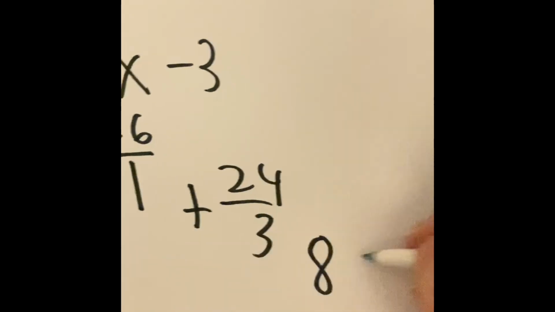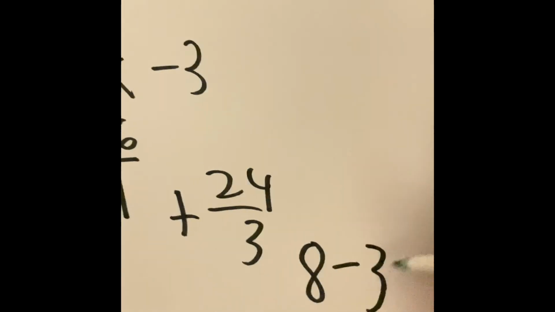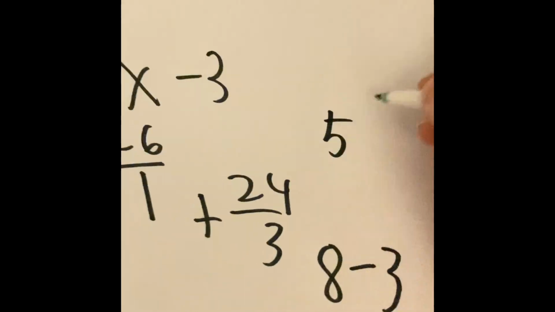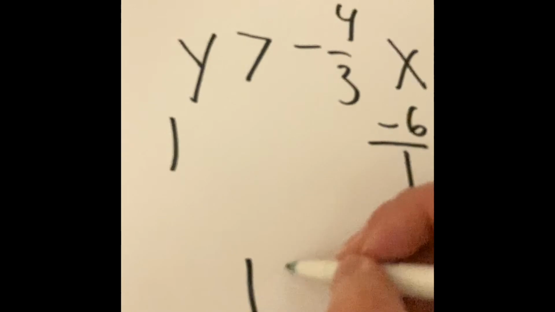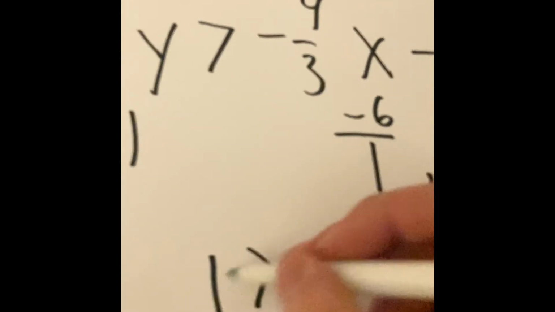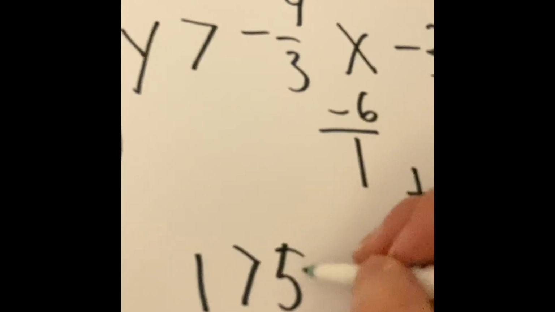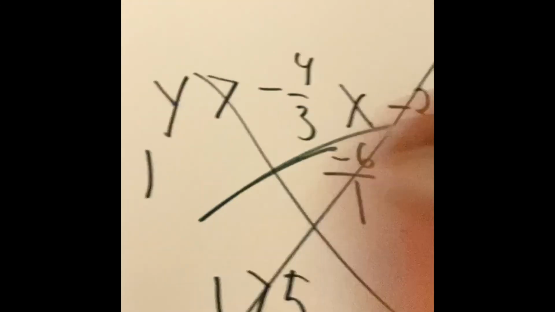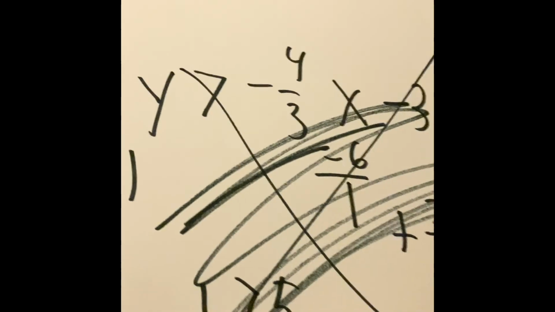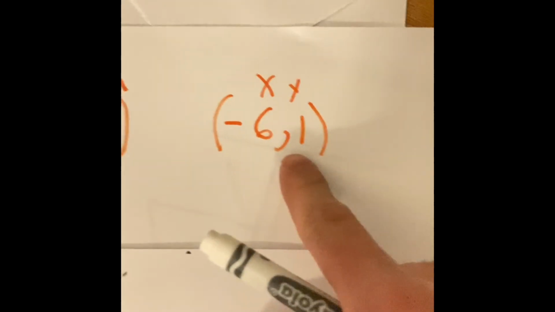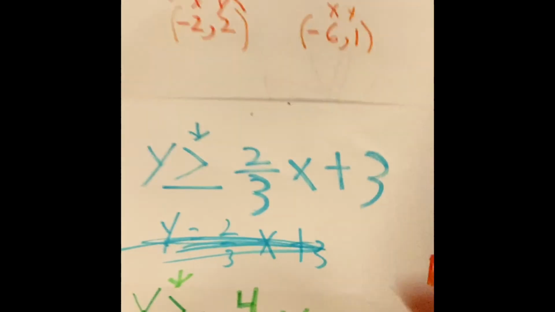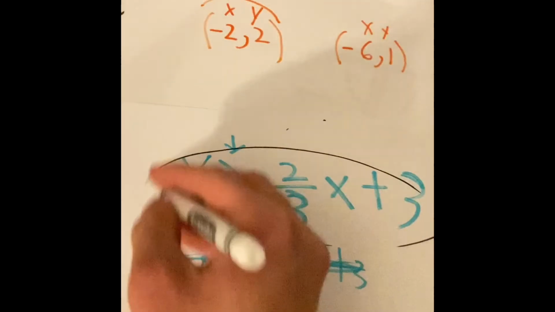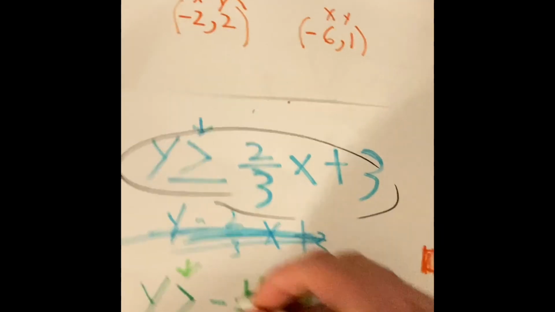And we also have minus 3, so 8 minus 3 is 5. But hold on. If y is greater than 5, I don't think 1 is more than 5. So this doesn't work. This statement does not work, which means that (-6, 1) satisfies only one equation, the blue one, not the green one.